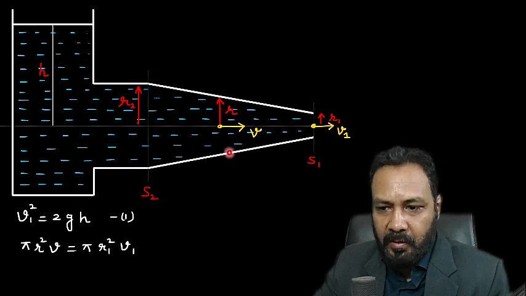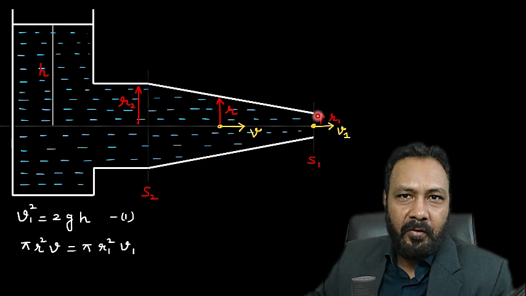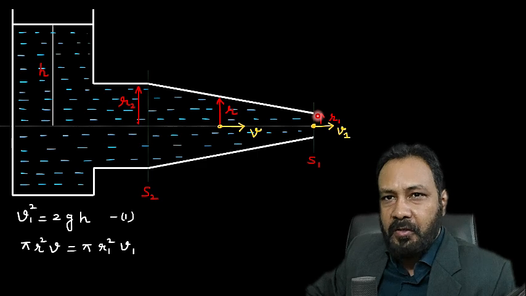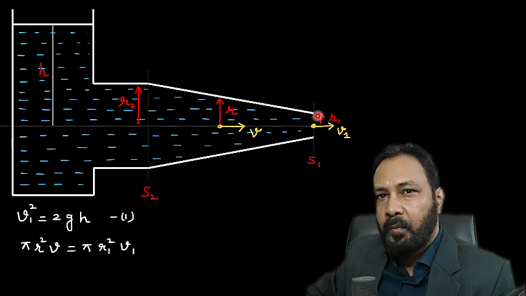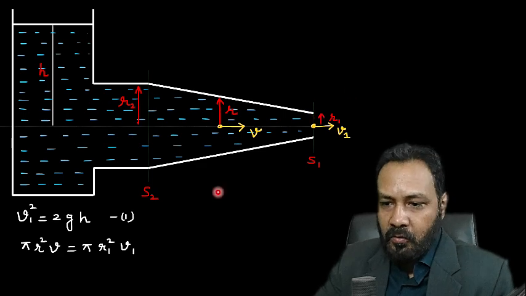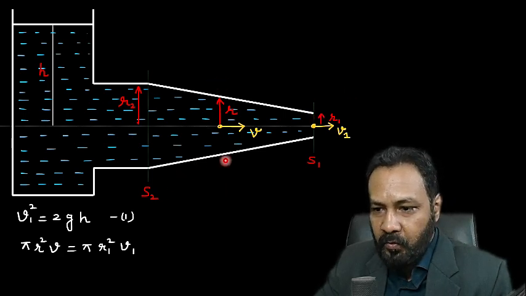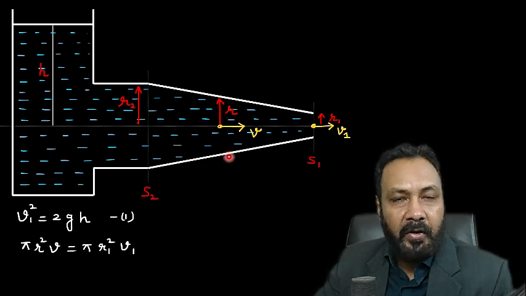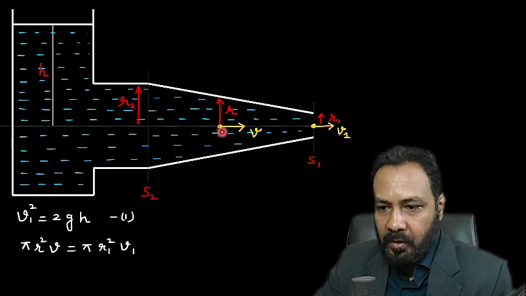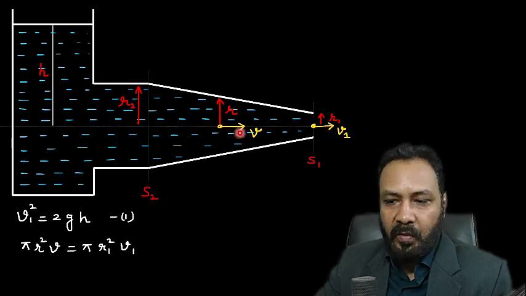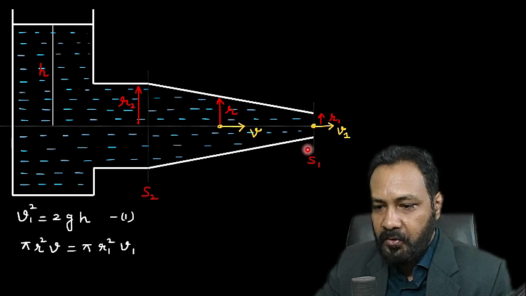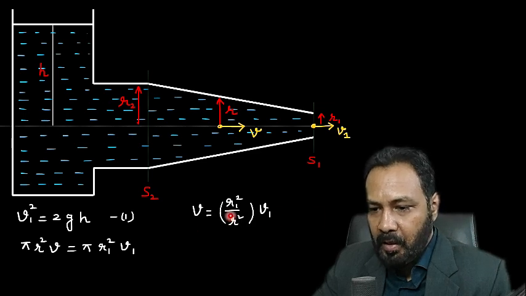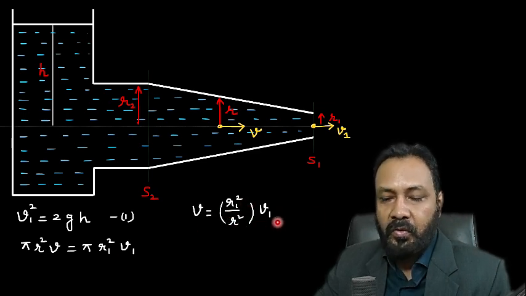The continuity equation says that if the fluid is incompressible, the volume flux at all sections is the same, meaning the amount of volume flowing per unit time at all sections is the same. The volume flow rate is area times velocity. So equate the product of area and velocity at this section and this section. Here the area is pi r squared, velocity is v. Here the area is pi R1 squared, velocity is v1. Equating, we get v = (R1² / r²) v1. That is one equation.